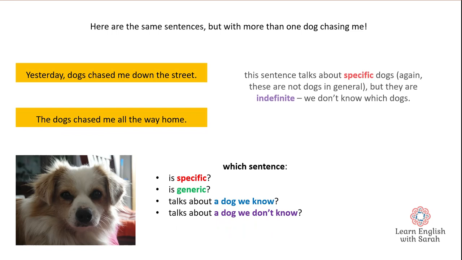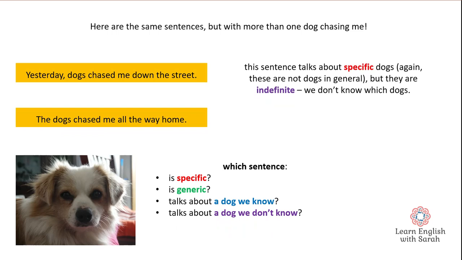Okay, so the first sentence talks about specific dogs, and again, this is strange, right? You might be thinking, but this should be in general, but they're not dogs in general. They are specific, but they're still indefinite, so we don't know which dogs, although we do know they're not dogs in general.